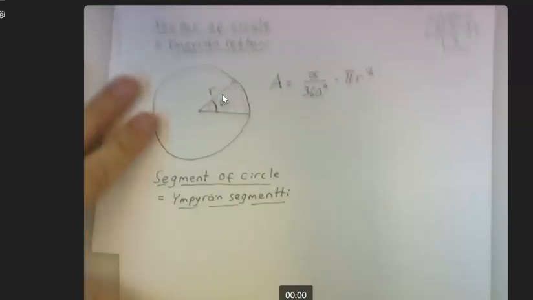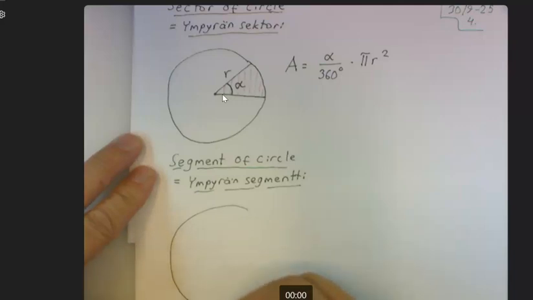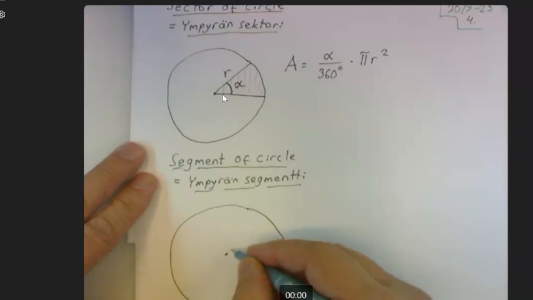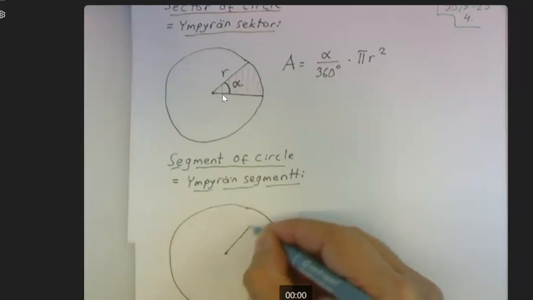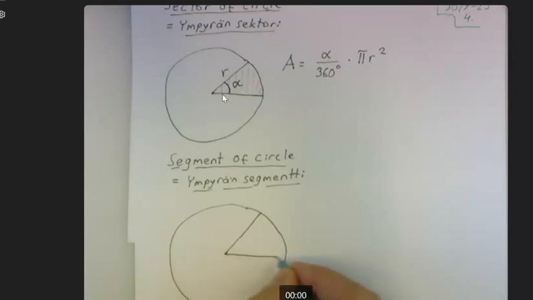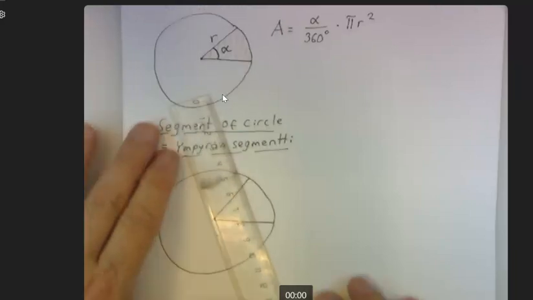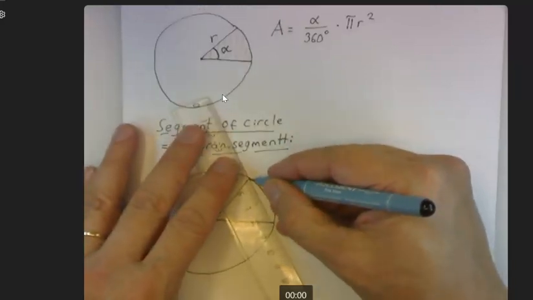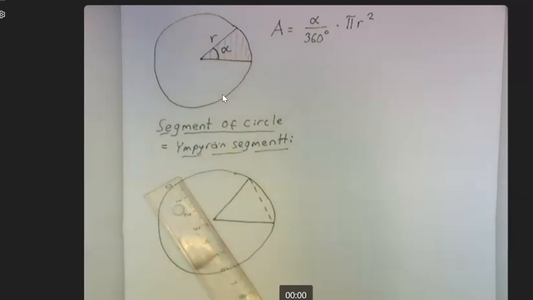And let's draw the segment of circle first. So if we are having, let's draw again the sector there, and then we cut it in two pieces over here, and this part here is called segment.